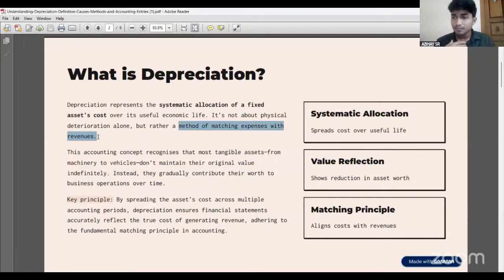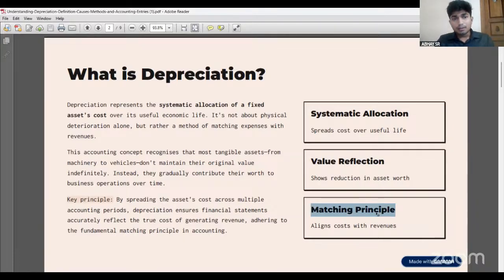So accordingly, if there's a cost or any such expense, we should match that cost and revenue in that particular accounting period. We can't just account for it 5 or 6 years later. We have to match that expense in that period itself. That is why this matching principle is used.